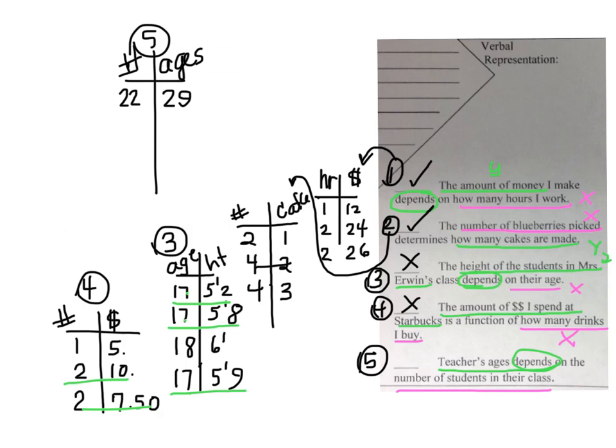But I'll say Coach McNeely has 22 kids in his class, and he's got to be at least 70. And Miss Bauer could have 22 kids in her class, but she's only 32. So you can see that there's a repeat here, that the number of kids in my classes could go to a different age every time. So again, this would not be a function.